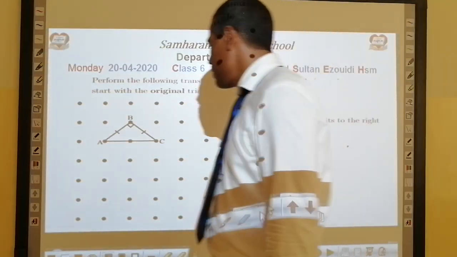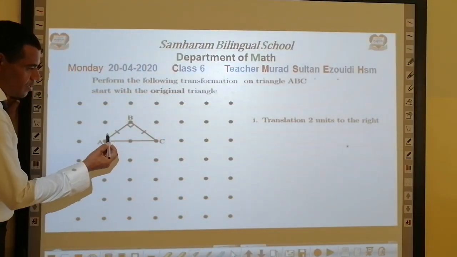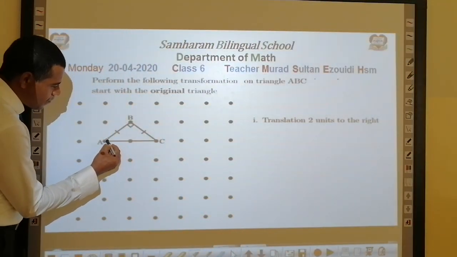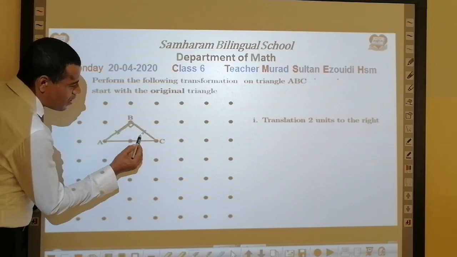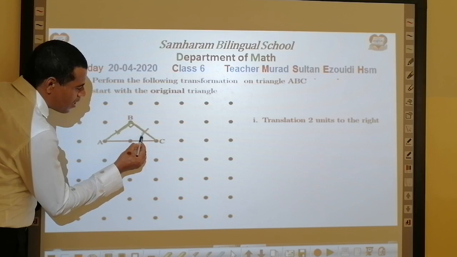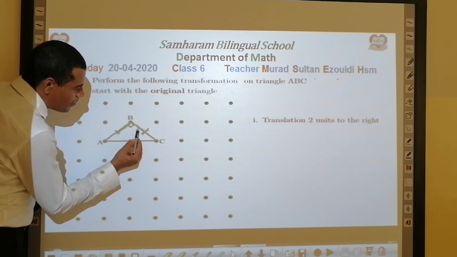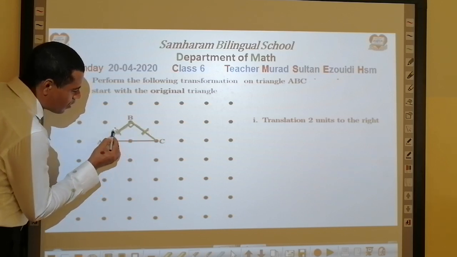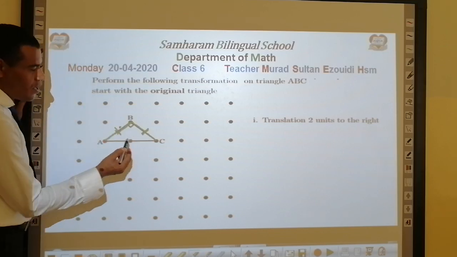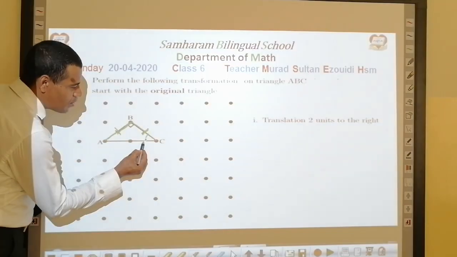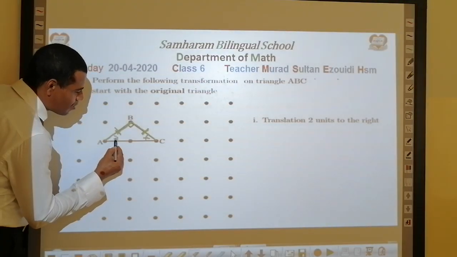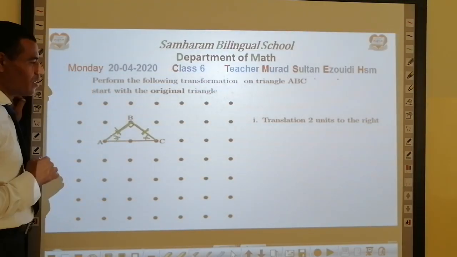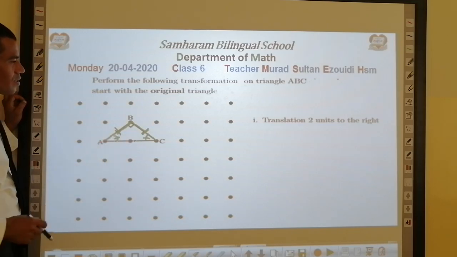You can see that the distance AB is equal to the distance BC, meaning the line segment BC is equal to the line segment AB. And this angle is also equal to this one. It's called an isosceles triangle.